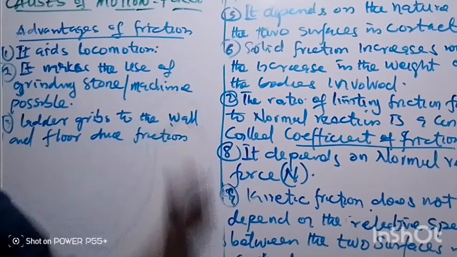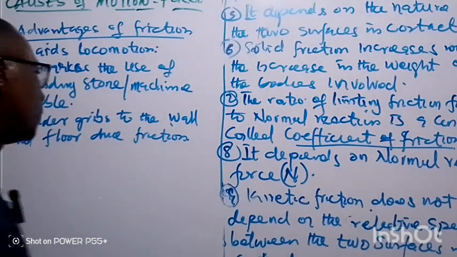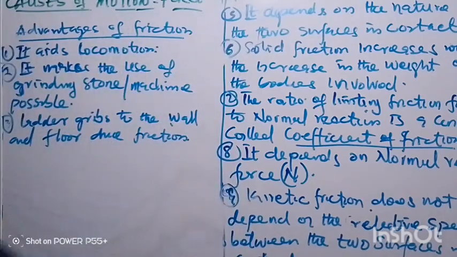That is, when you place a ladder against the wall and the floor, the ladder will grip to the wall and the floor due to friction. If there is no friction between the ladder and the wall, and between the ladder and the floor, the ladder will not be able to hold to the floor and to the wall at the same time.